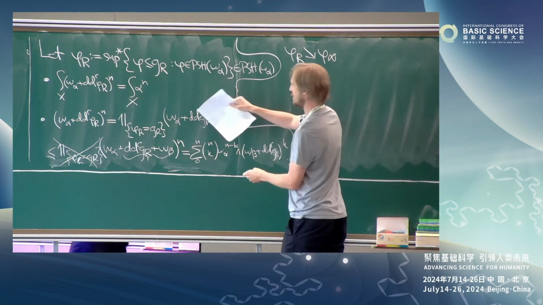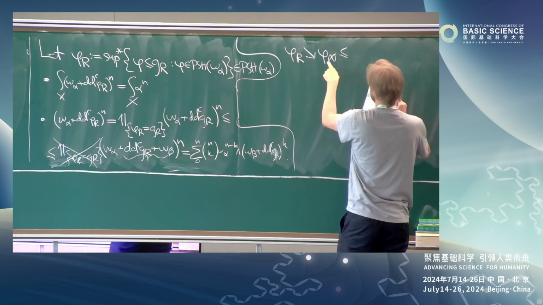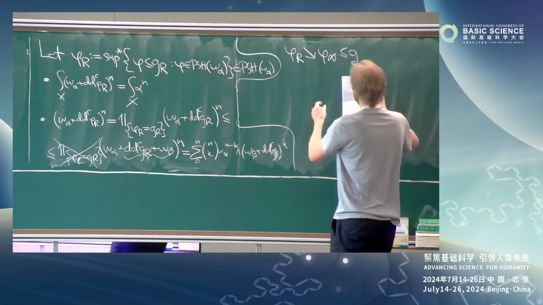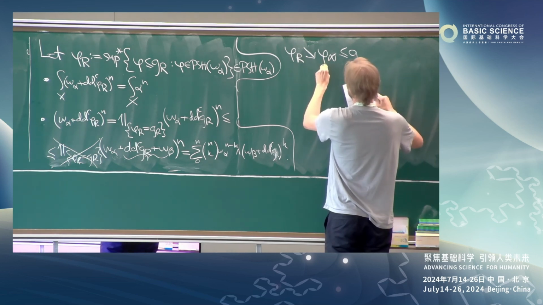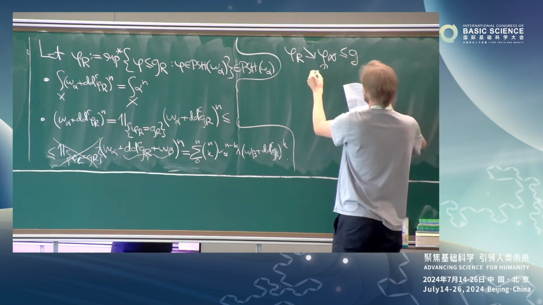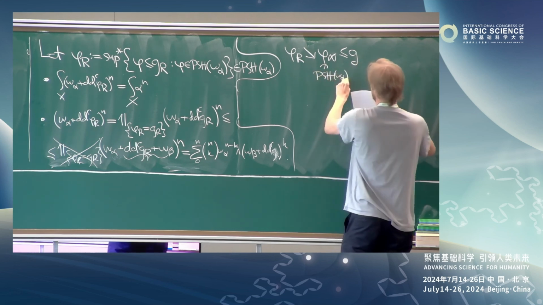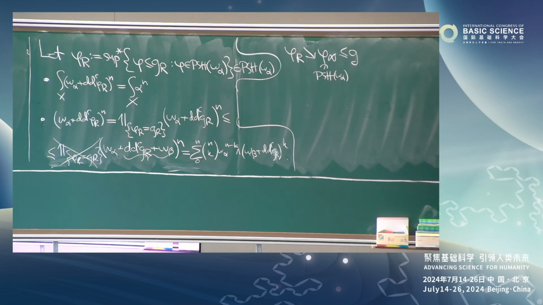This you see here is going to be bounded from above by G, by construction. And the way these plurisubharmonic functions work is that this is also going to be plurisubharmonic with respect to omega alpha.